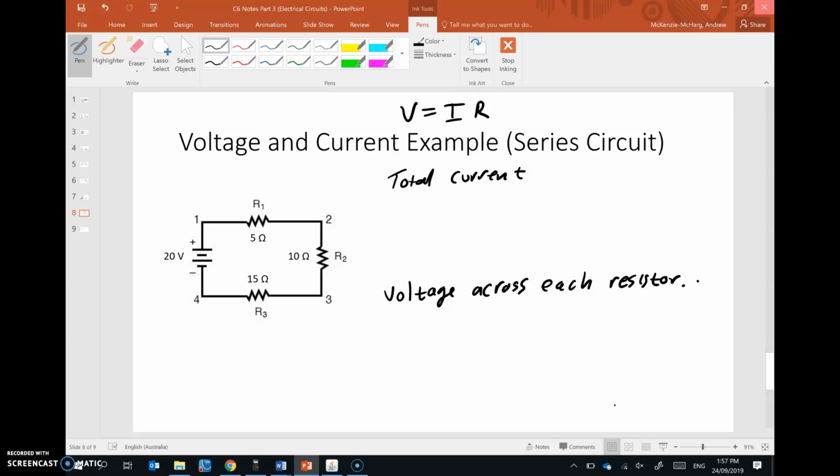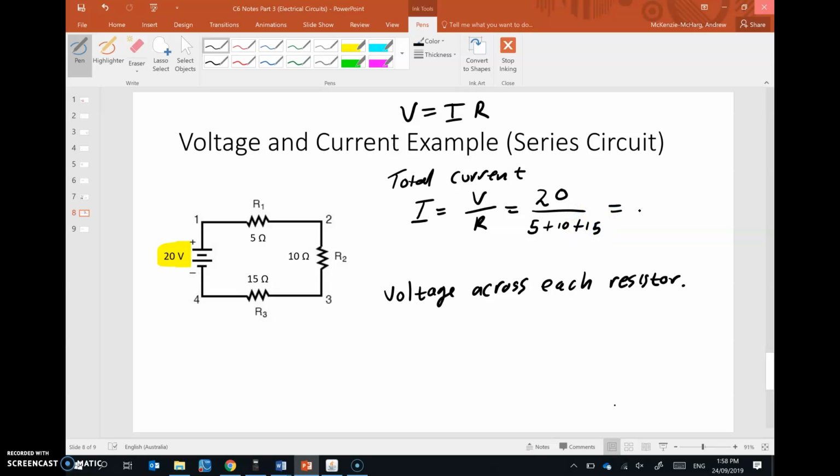Right, so for the total current, we're going to rearrange Ohm's law. Current is equal to voltage divided by resistance. The voltage in this circuit is 20 volts, and the resistance is those three resistors added up, 5 plus 10 plus 15.